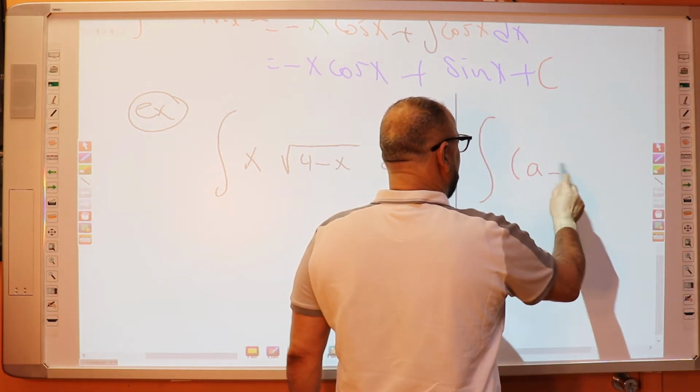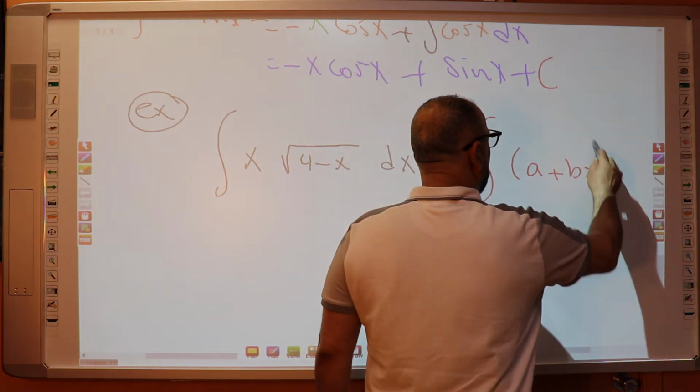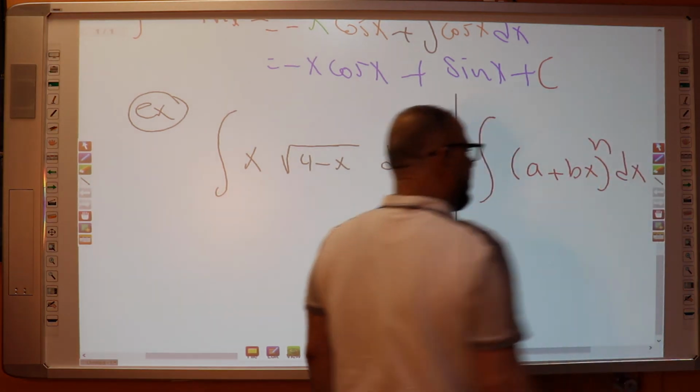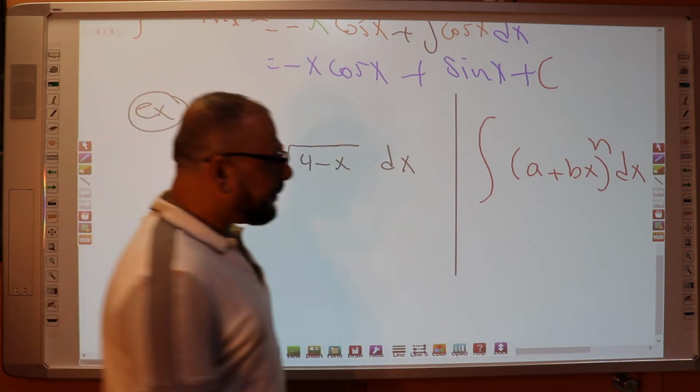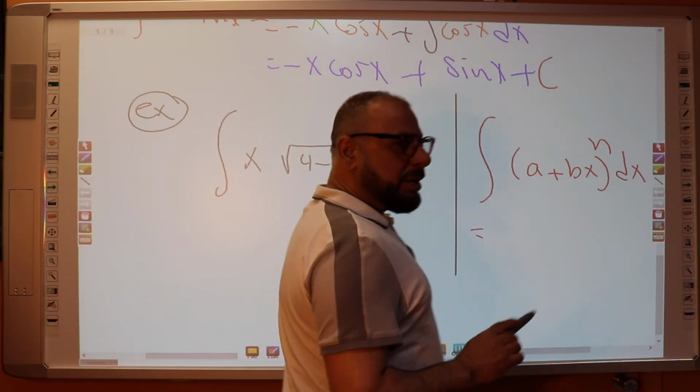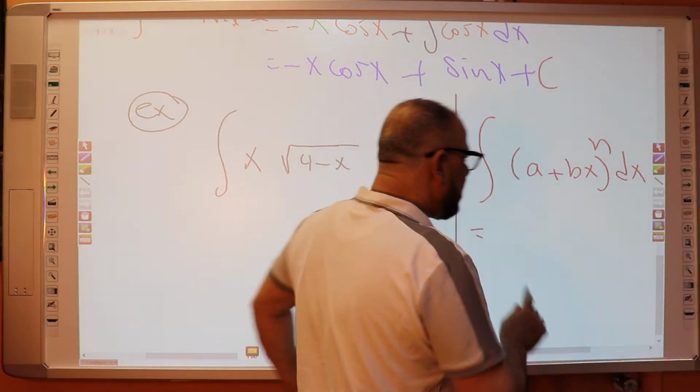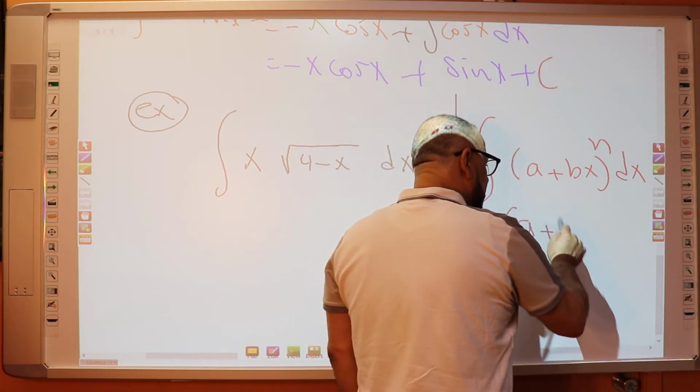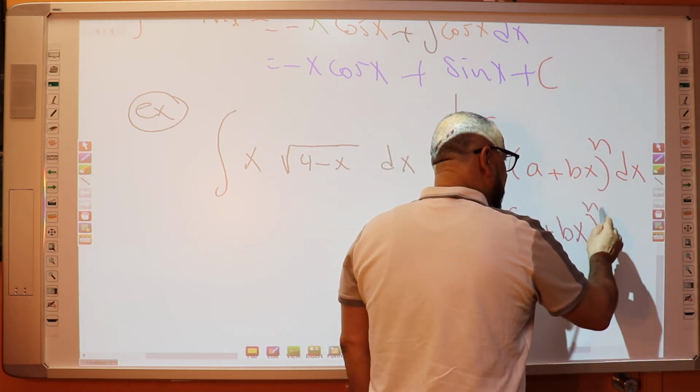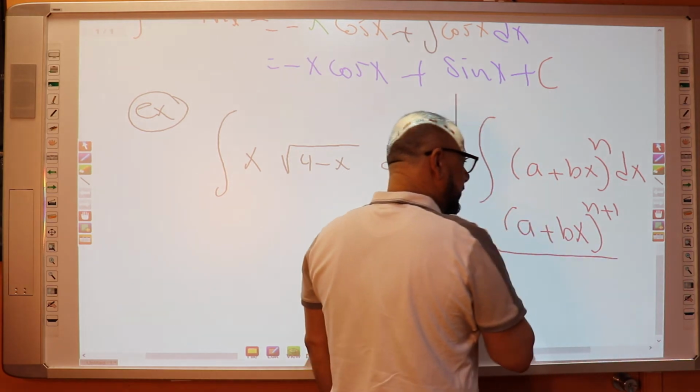The integration of (a plus bx) to the power n dx equals what? This (a plus bx) to the n is only good when it's linear.